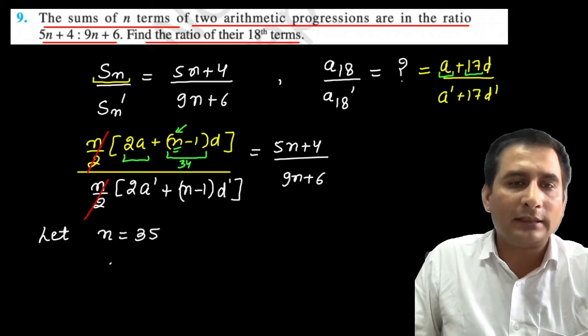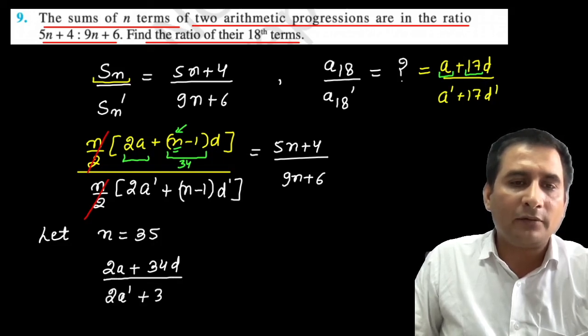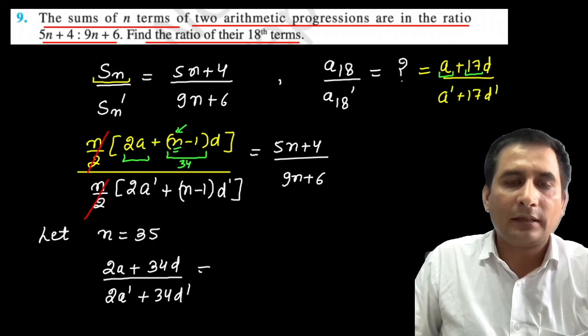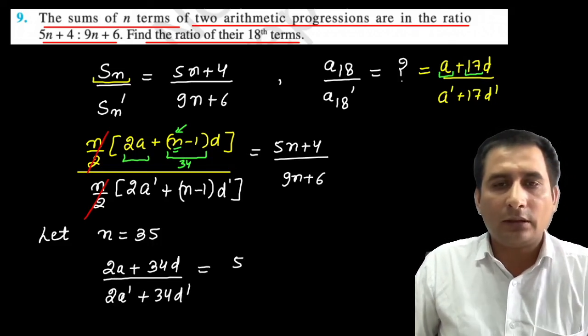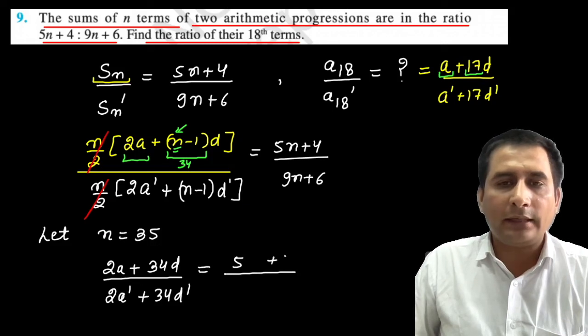So what happened here? Look at this. It becomes 2a plus 34d. In the denominator, it becomes 2a dash plus 34d dash. Right? And on this side also, n की जगह पे हम लोग put करेंगे 35, at the place of n on this side also.